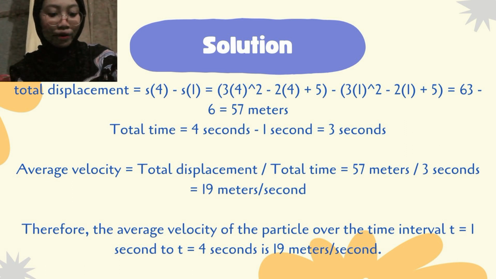Therefore, the average velocity of the particle over the time interval t equals 1 second to t equals 4 seconds is 19 meters per second.